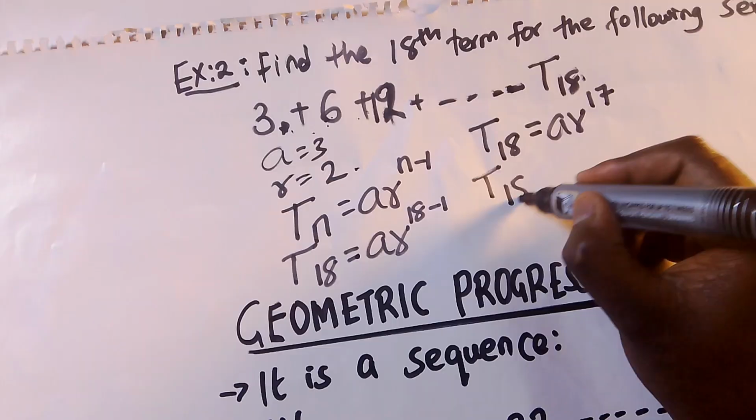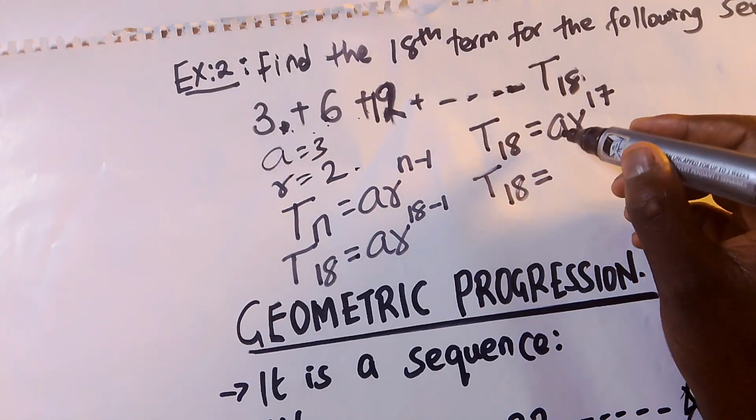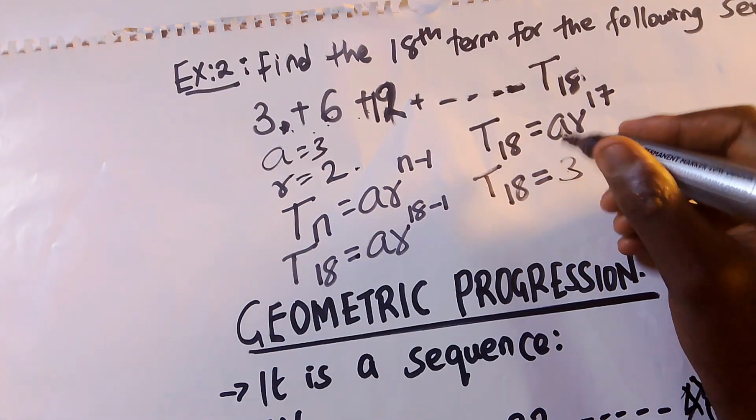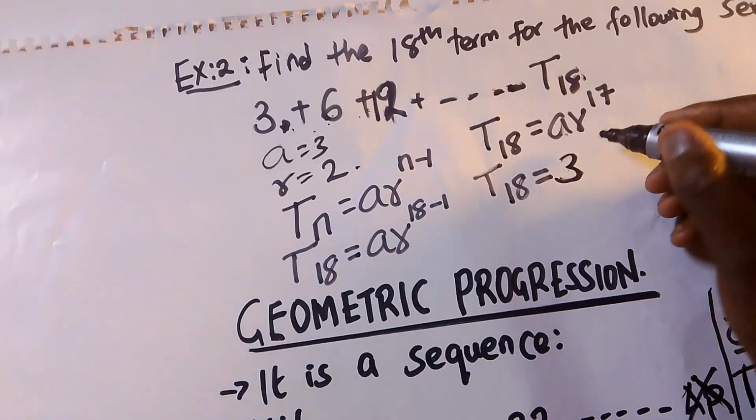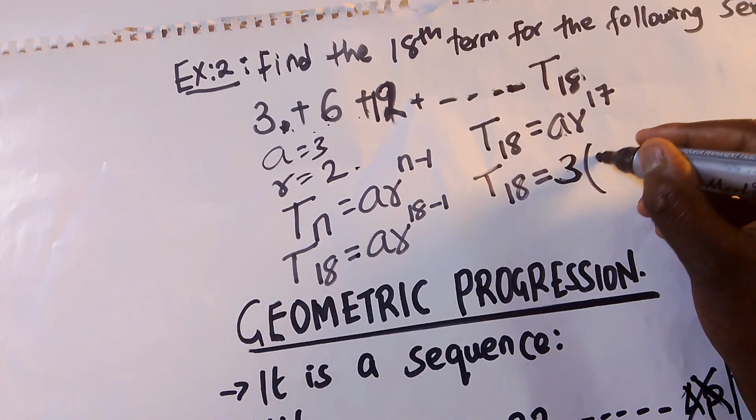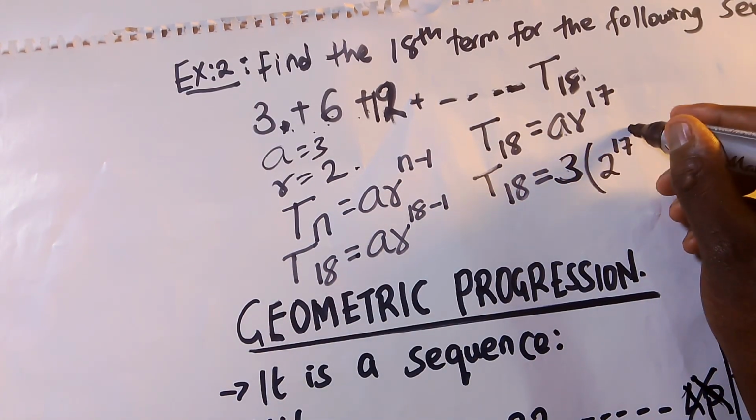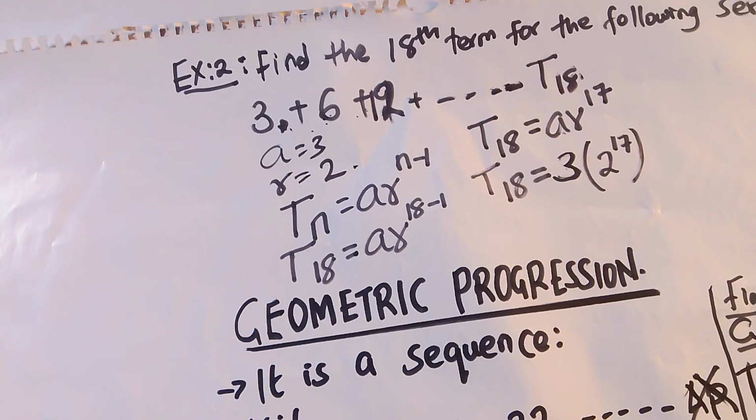Our T18 will be equal to A, which is 3, times R, which is 2, to power 17. So 2 to power 17 is 131,072, multiplied by 3.